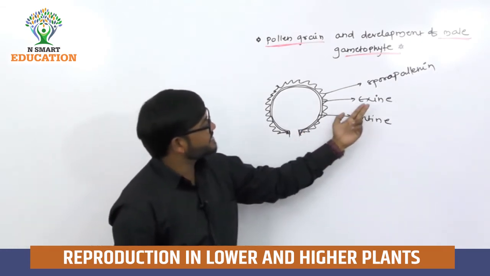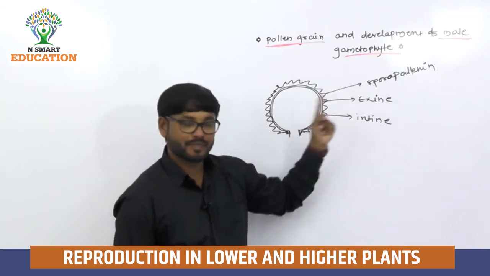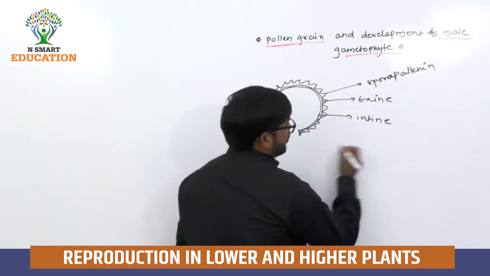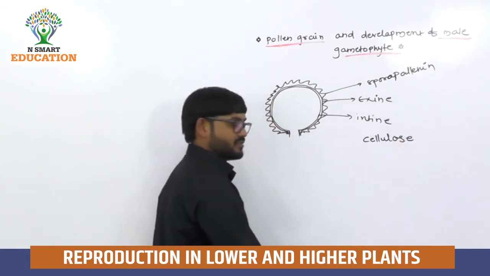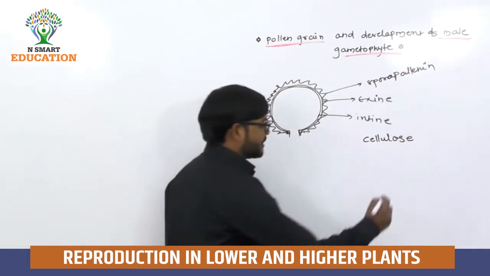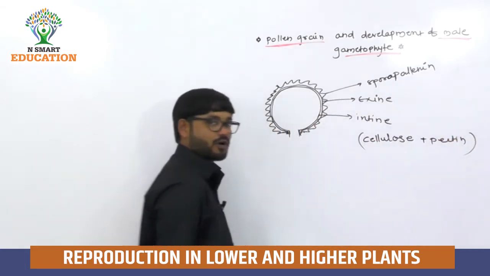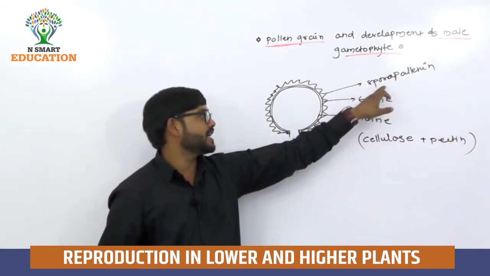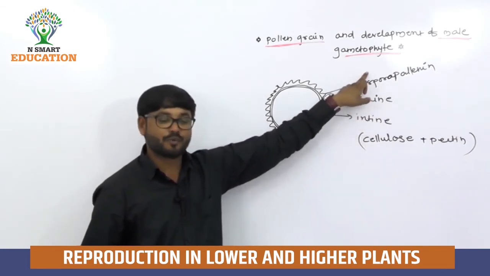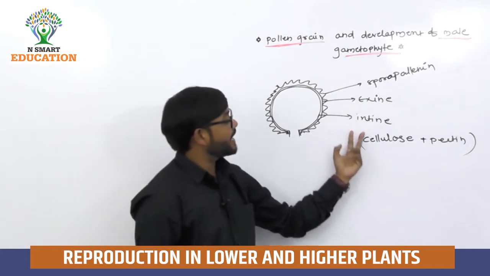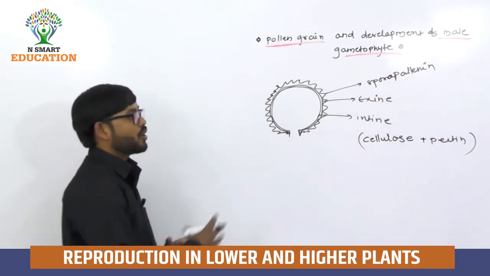Exine is made up of sporopollenin, but intine is made up of cellulose and pectin, very important. There are two substances. Exine is made up of sporopollenin, but intine is made up of cellulose and pectin.